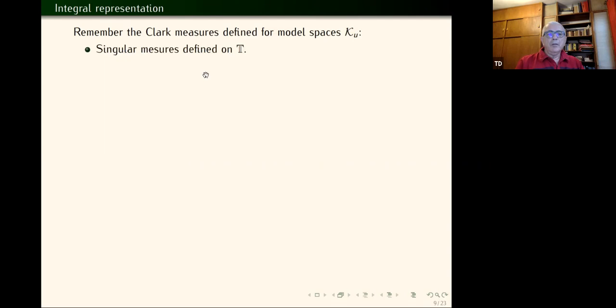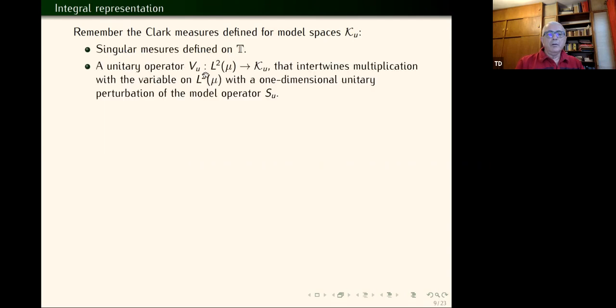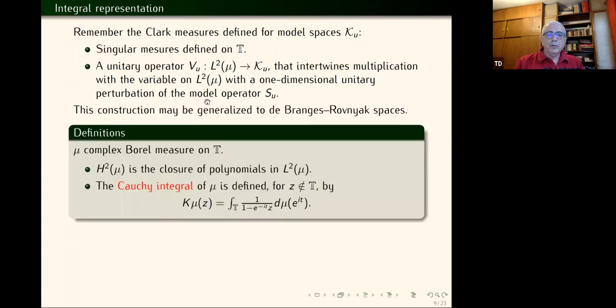They were singular measures defined on the circle, and they came together with an operator that intertwined multiplication with a variable on L2 of the measure with a one-dimensional unitary perturbation of the model operator. Well, if you don't remember it, there's no problem, because anyway, we will do this for the de Branges-Rovnyak spaces.